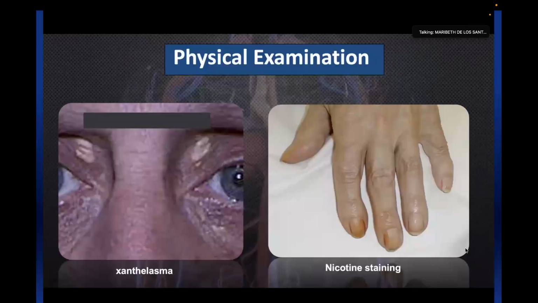On physical examination, be observant also of the telltale signs of the presence of risk factors for atherosclerosis that will put patients at risk for PAD, such as xanthelasma, which may be due to hypercholesterolemia, and nicotine staining of the fingers for those who are chronic smokers.